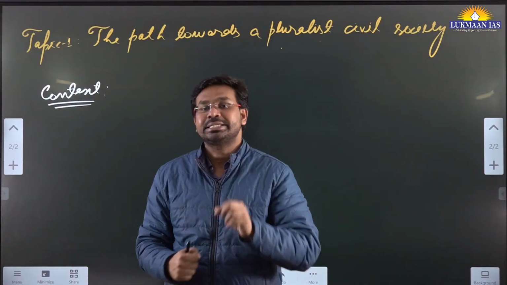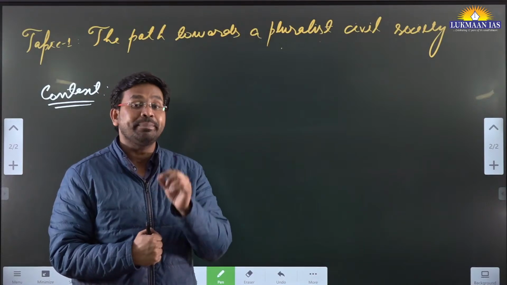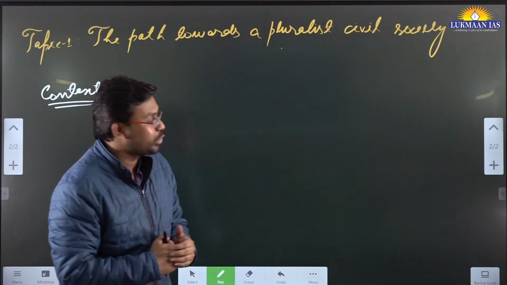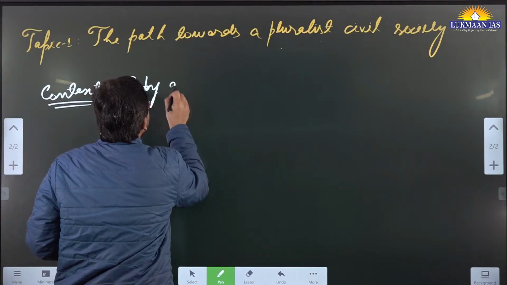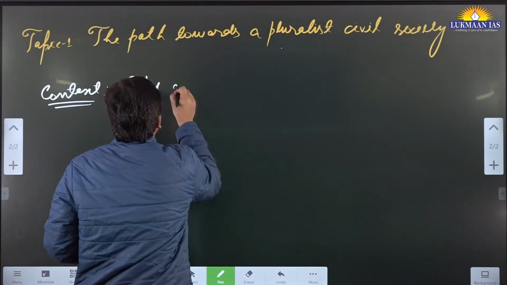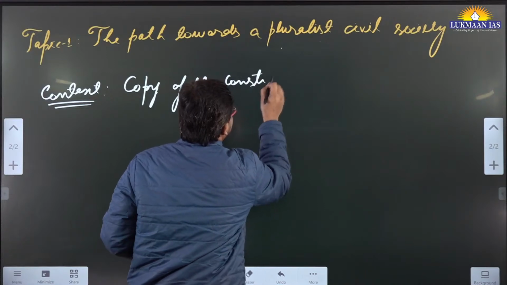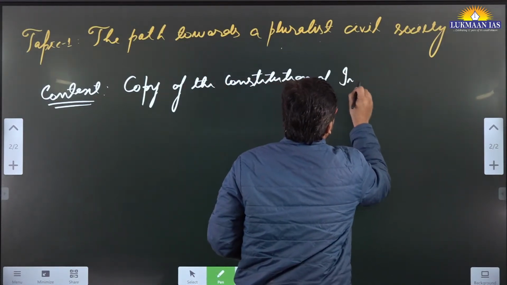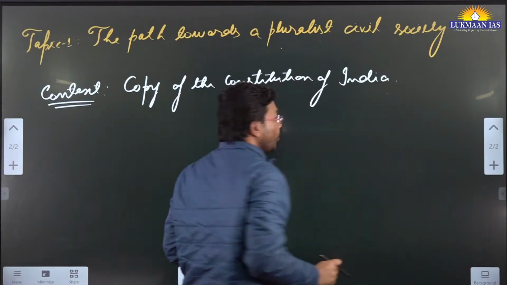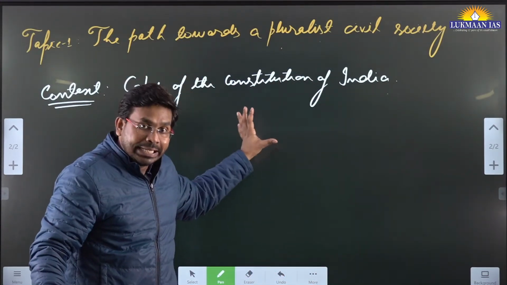On the very first day of their movement to the new parliament building, they distributed a copy of the Constitution of India. As we all know, the Constitution of India is the constituting document for India.